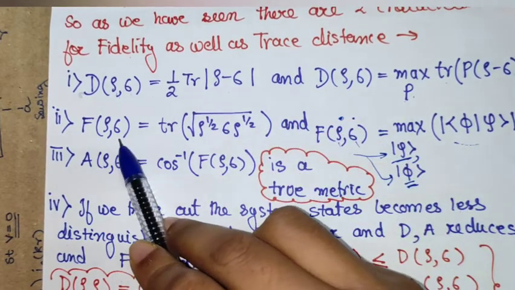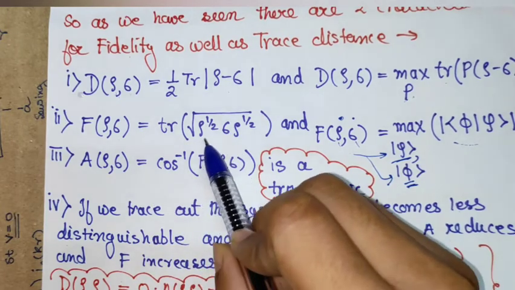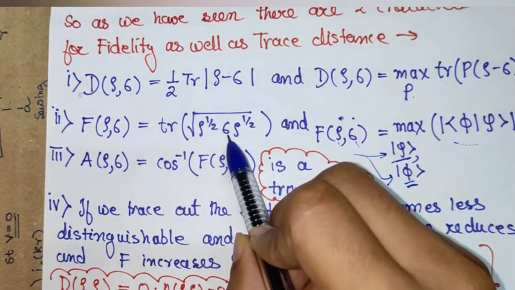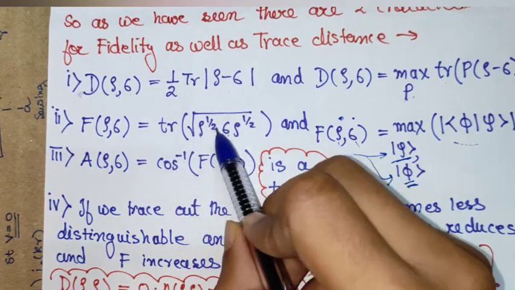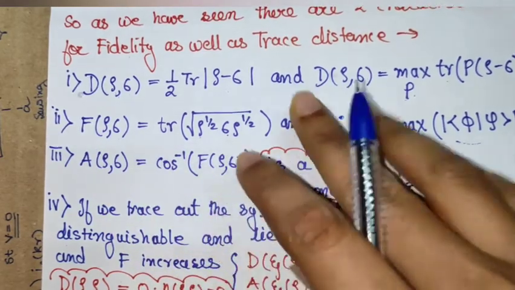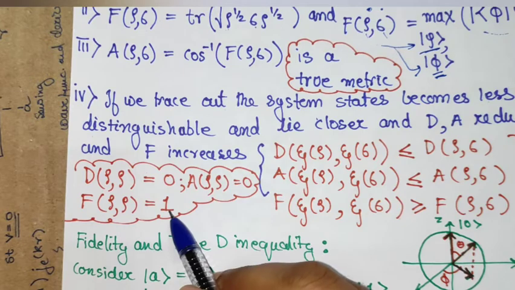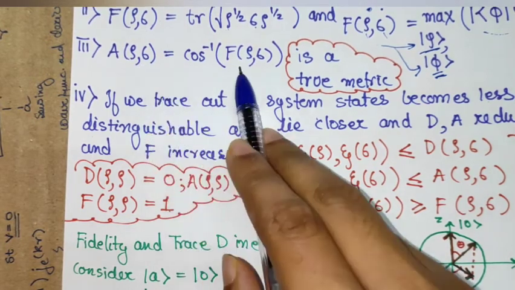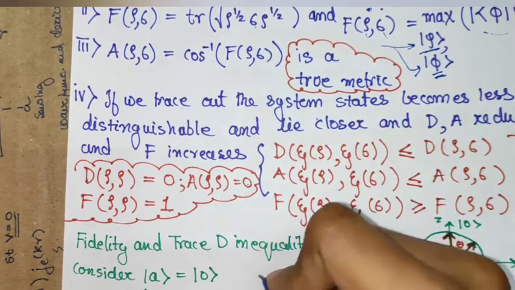But in case of fidelity, for completely indistinguishable systems you put rho here, so that becomes rho, and the trace of a density matrix is 1 by normalization. So the fidelity of completely indistinguishable systems is supposed to be 1. Similarly, the angle A can be found because cos inverse of 1 is 0.